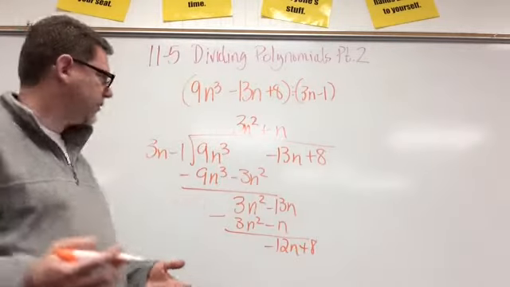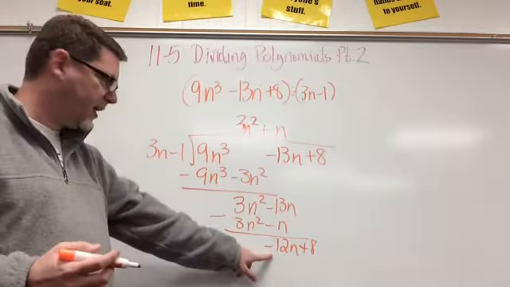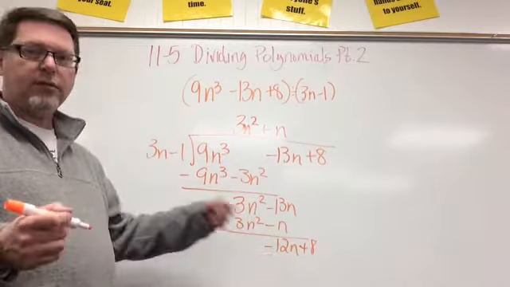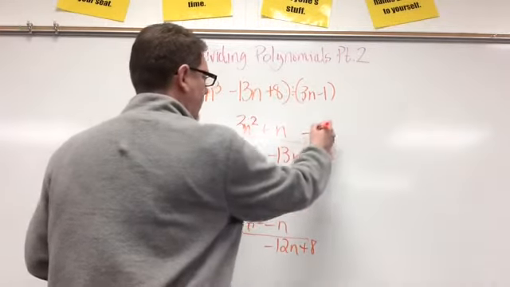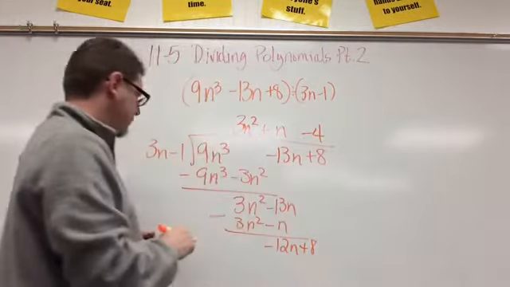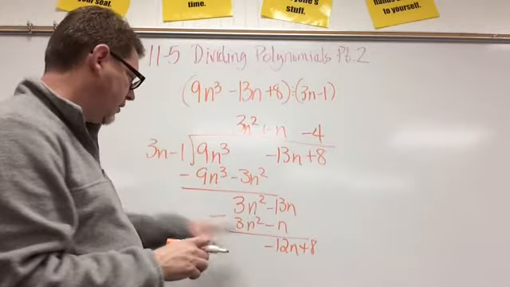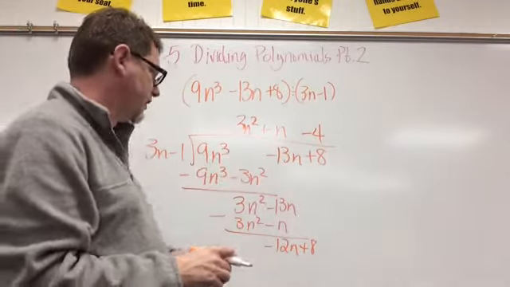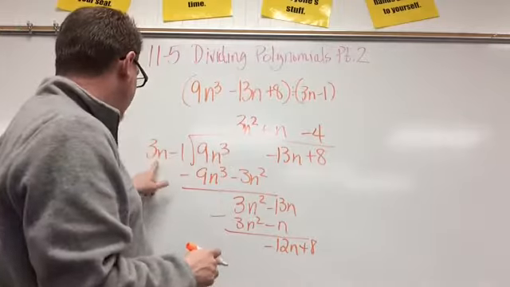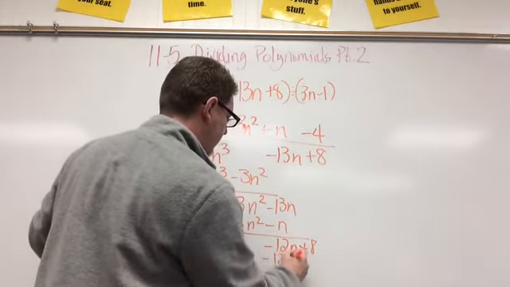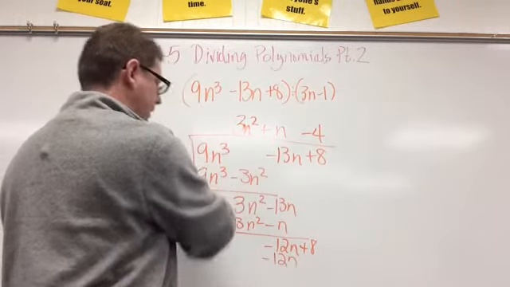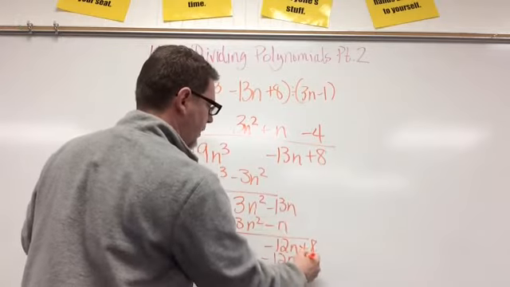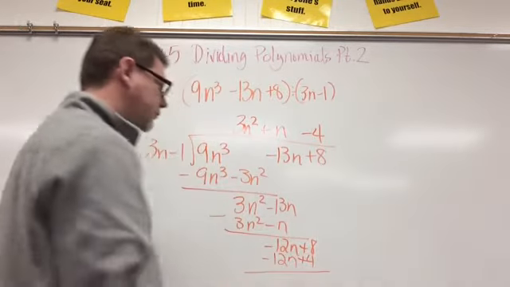Same process. How many times will 3n go into negative 12n? Negative 4, so I have to put a negative 4 right there. Because 3n goes into negative 12n negative 4 times. So negative 4 times 3n is negative 12n, and negative 4 times negative 1 is positive 4.